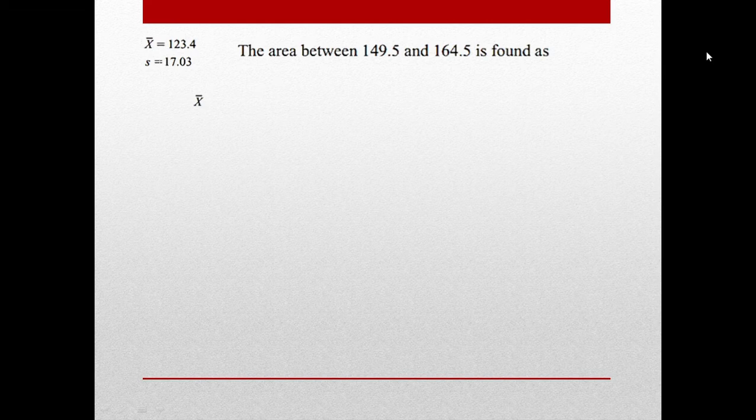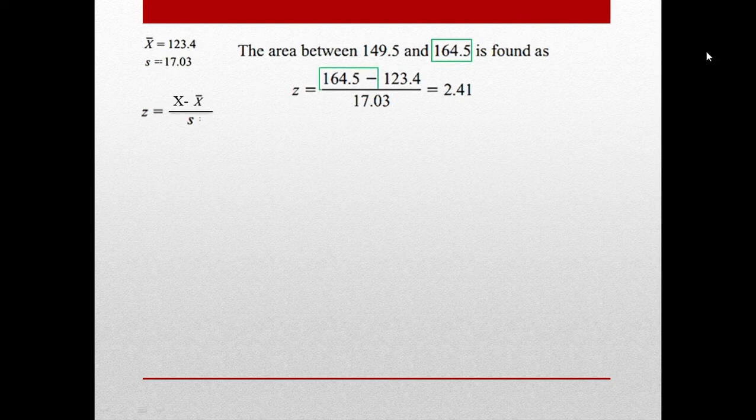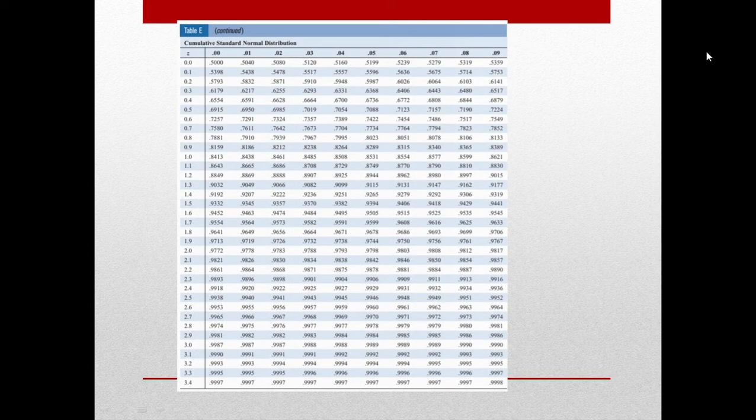The area between 149.5 and 164.5 is found as 164.5 minus 123.4 all over 17.03, which is equal to 2.41. Using table E, 2.41 is 0.9920.